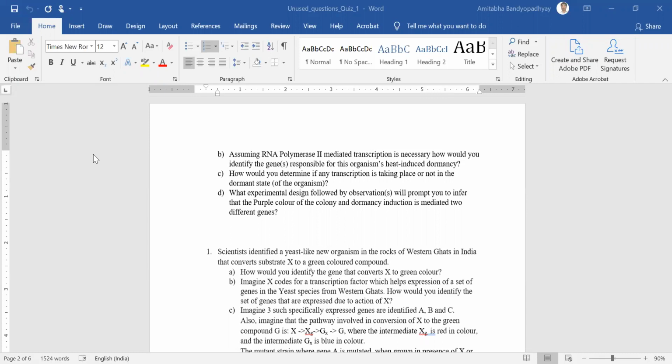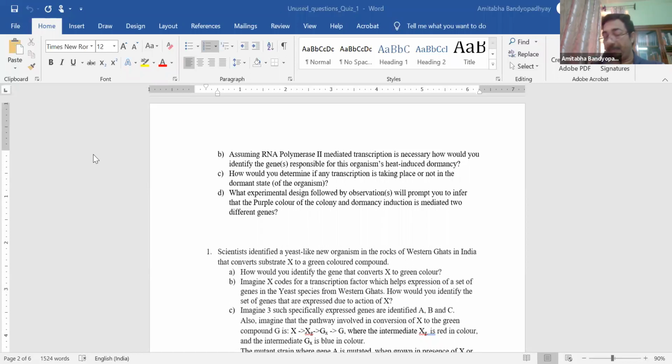Yes, so in the dormant state, we can check. I'm not sure how we check it in the dormant state. But if the spore has been formed, then we can check if the transcription is occurring or not for those genes which we have identified in part B.